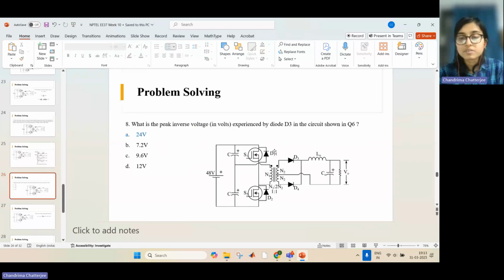Because in center tapped configuration, each diode has to withstand twice the secondary voltage. Here we are referring to the secondary voltage as the voltage induced across this winding, either across the upper half winding or the lower half winding. That is the secondary voltage.